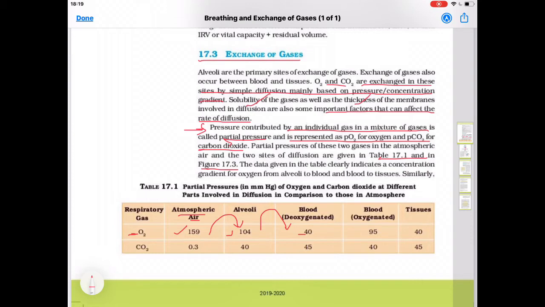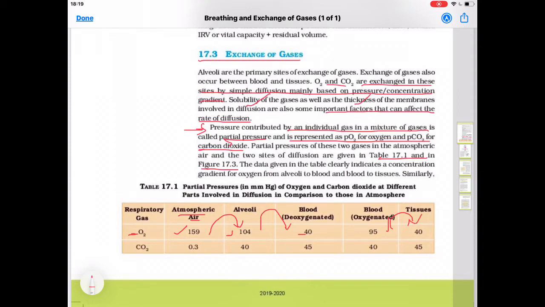So it goes from alveoli to that blood, and then that blood is carried to the tissue region. After getting oxygen from the alveoli, the blood becomes oxygenated. Now its partial pressure becomes 95, and in the tissue region it is 40. Again, from the oxygenated blood, the oxygen moves towards the tissue region.